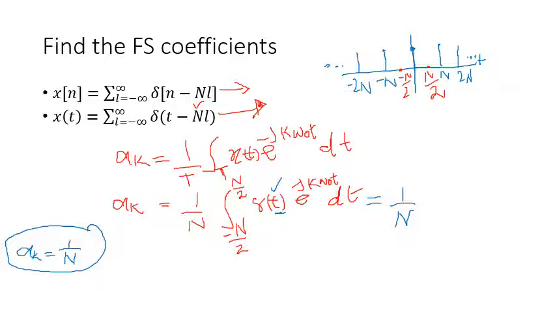Its phase is 0 and it is independent of frequency, so it exists at all frequencies. If you take k equals 0, k equals 1, whatever, it's a constant. I hope you can do the other part, the discrete time case, by yourself.